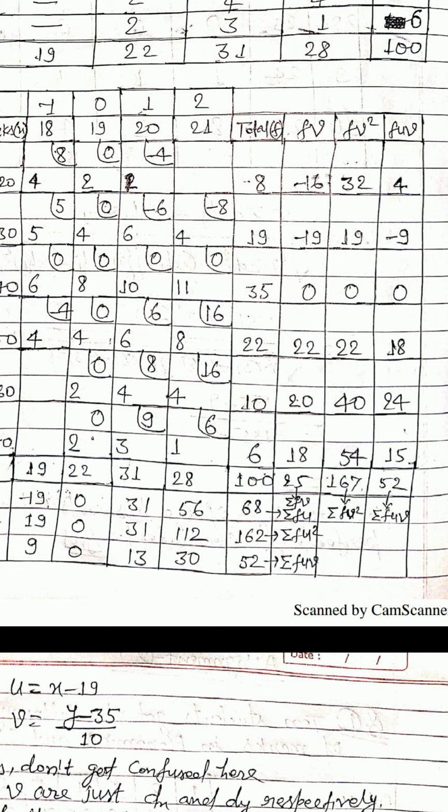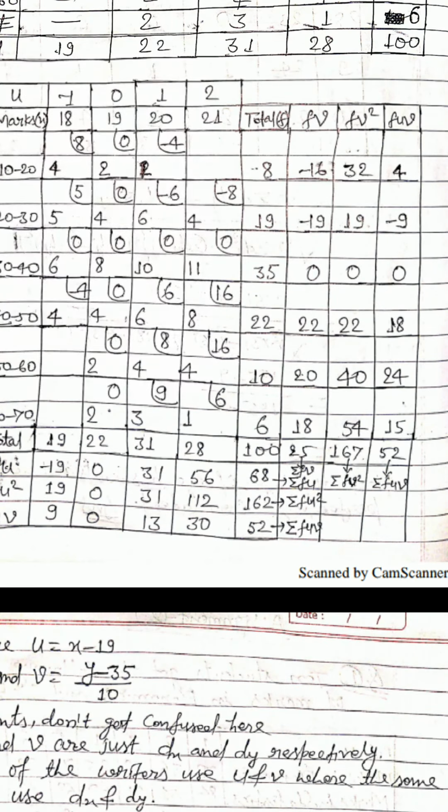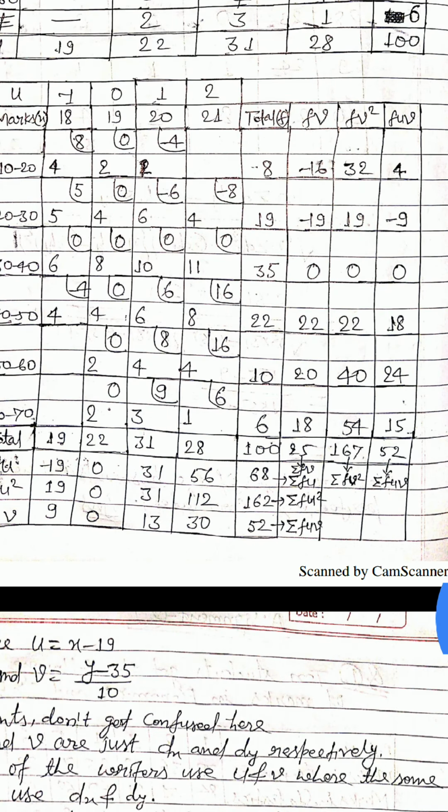How can you find the value of f u v here, that is 4? The first value of f u v is the total summation of the numbers in these boxes. So 8 plus 0 minus 4, that is 4. Similarly for the other rows, another row is 5 plus 0 minus 6 minus 8, that is minus 9, and so on.